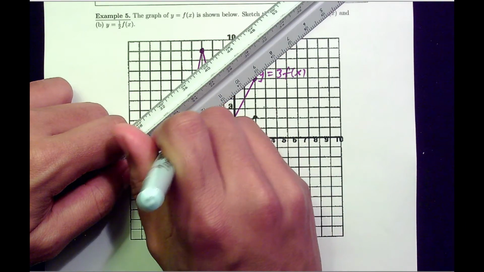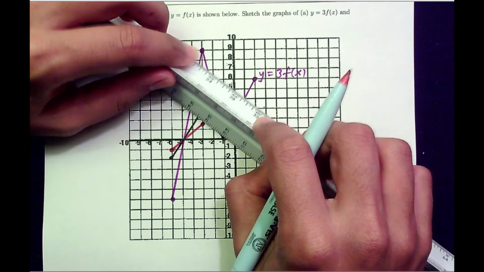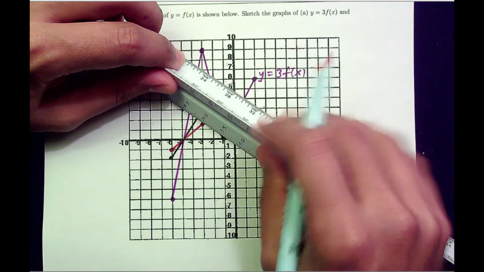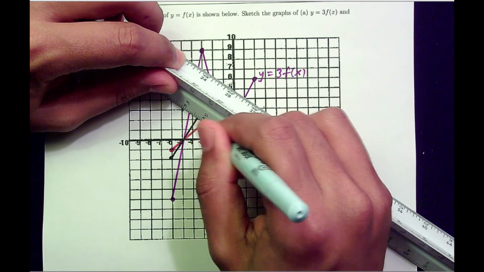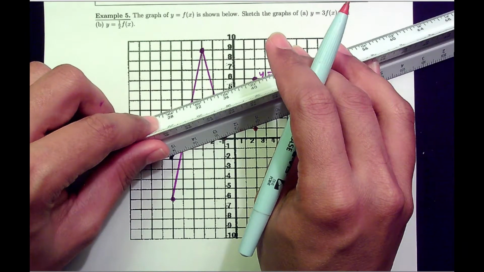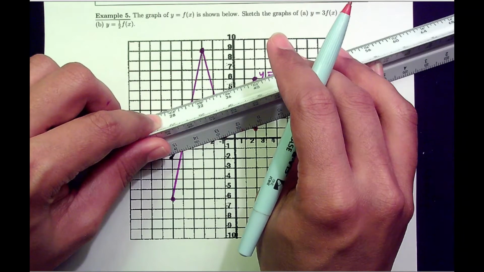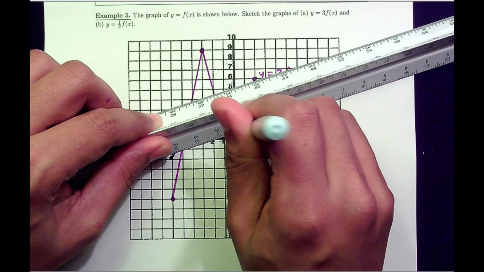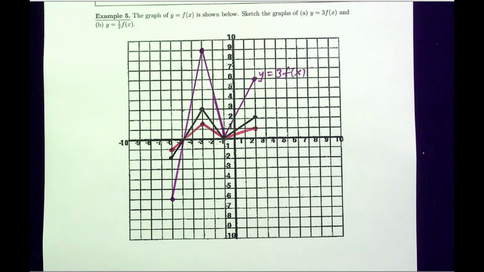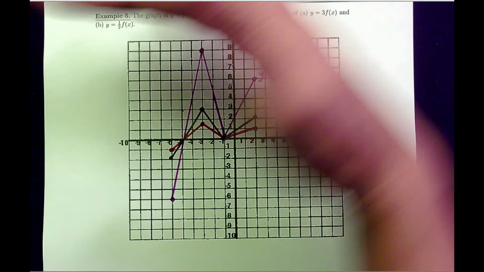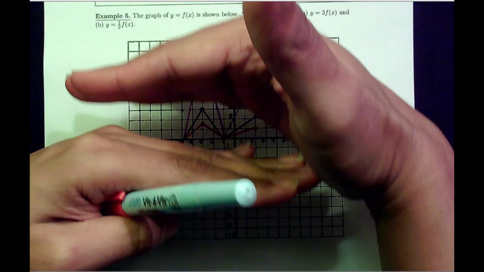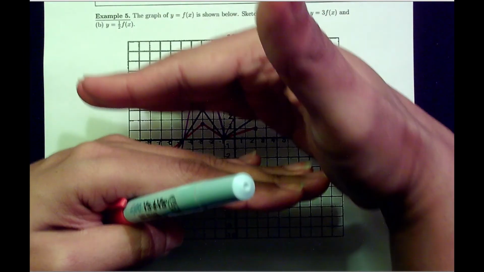So that, and then this, and then that one. Okay, and that's the graph. And you can see that it's kind of compactified, compressed. It's like you squeeze it down.